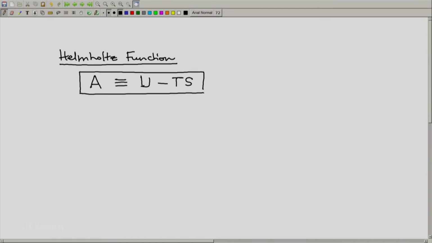This is the third energy function, and the fourth energy function which we will define and use is the Gibbs function.